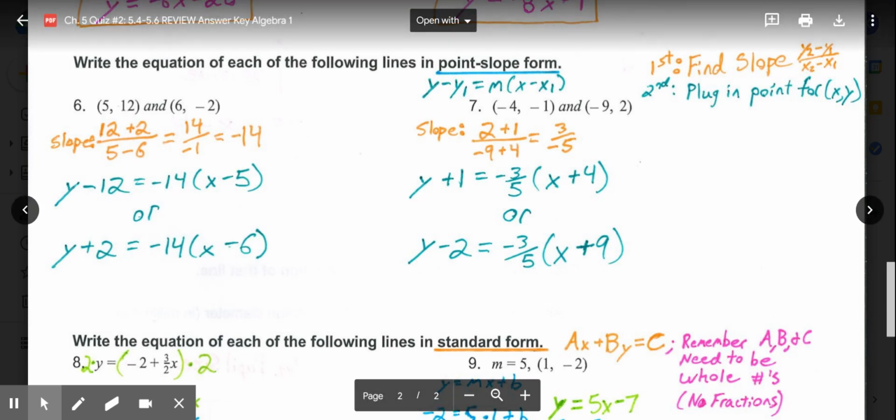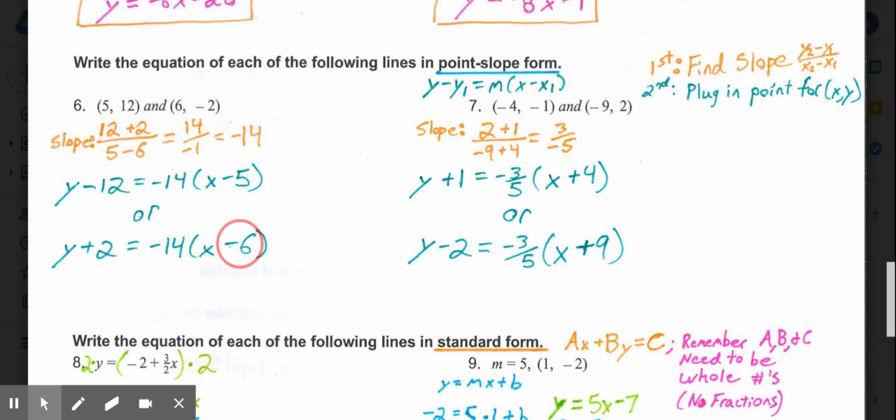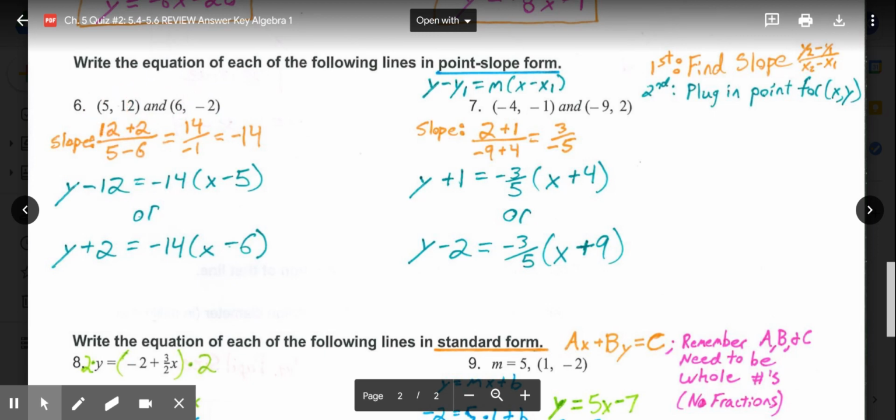If we use the 6, negative 2, we end up with the bottom equation: y plus 2, because it's y minus a negative 2, equals negative 14 times the quantity x minus 6. So select either point and your slope to put into point slope form.